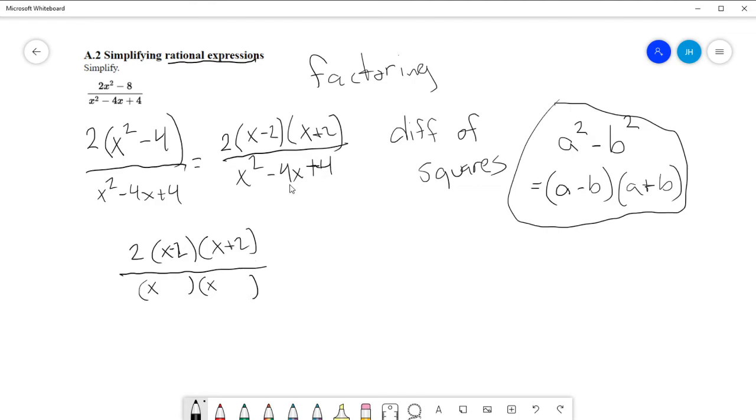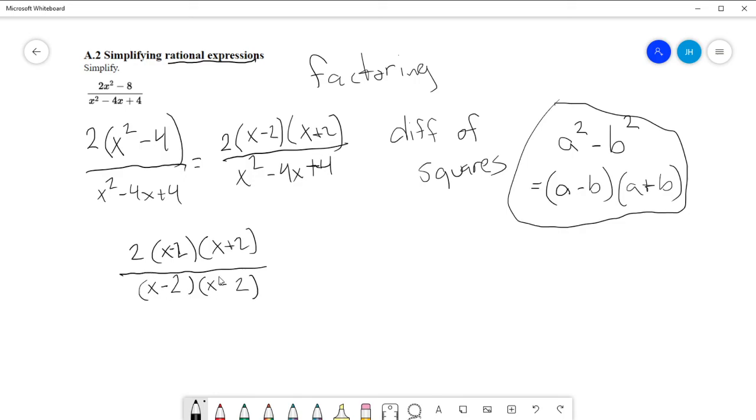Now, personally, I know this is going to end up being 2 and 2, and they're subtracting, right? Now, the reason why I know this is true is because negative 2 times negative 2 is positive 4. However, negative 2 plus negative 2 would be negative 4, right? Because when I do the distribution, negative 2 times x is minus 2x, minus 2 times x is another minus 2x for a total of minus 4x.